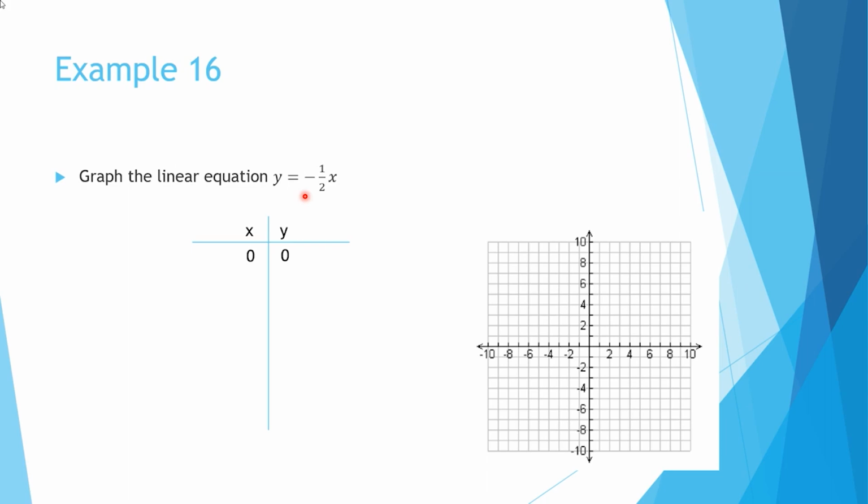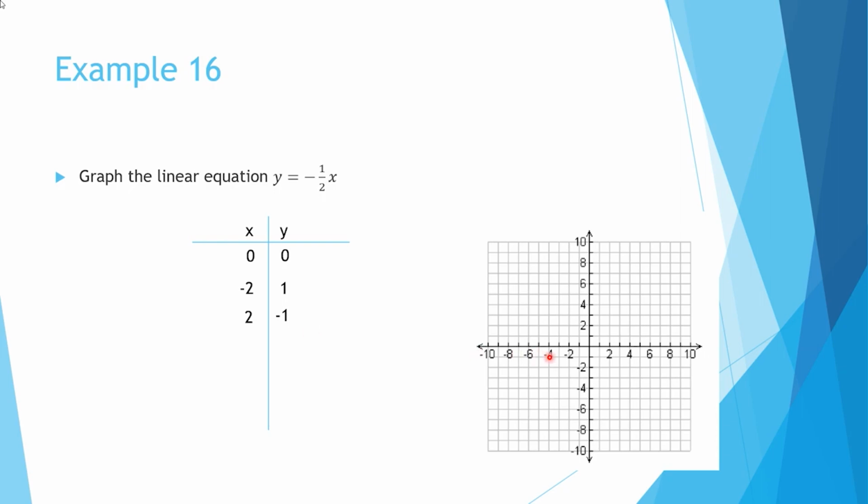Here you get 0. 0 times negative 1/2 is 0. Now I'm going to plug in a negative 2 instead of a 1, so I can get a nice number. Negative 2, when I plug it in, negative 2 times a negative 1/2 is a positive 1. When I plug in 2 into this, 2 times a negative 1/2 is going to give me a negative 1.